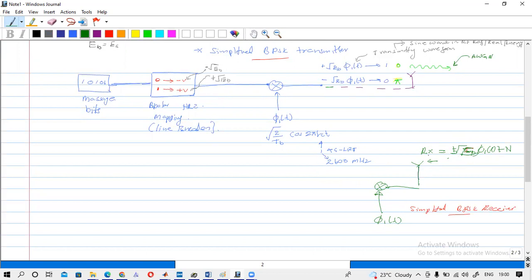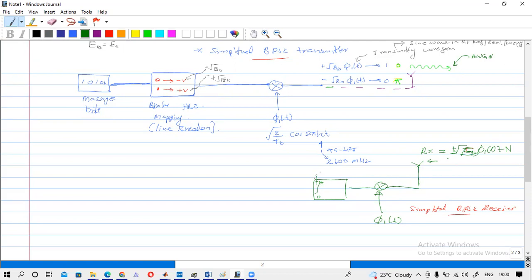Here the received signal will be multiplied by the basis function again, and the output will be fed to an integrator. The integration will be done from 0 to TB.